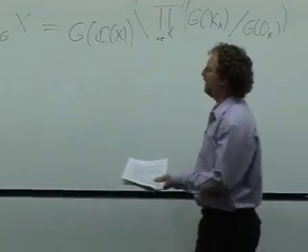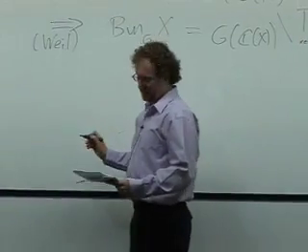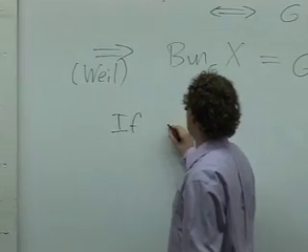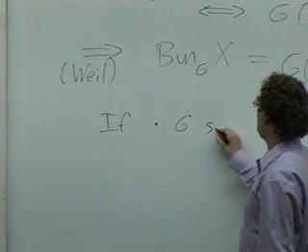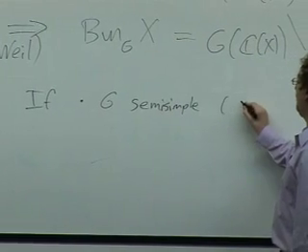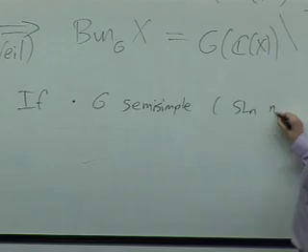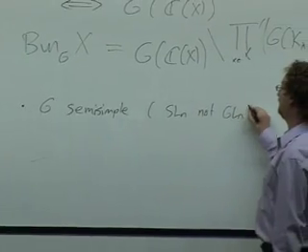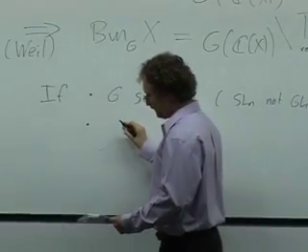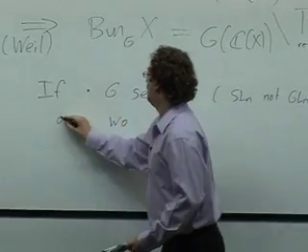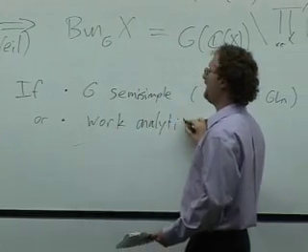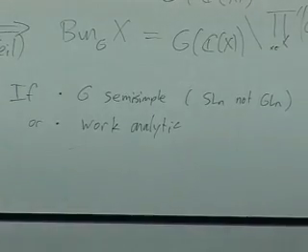Let me point out that this seems very extreme, and indeed it is extreme. If we're in one of the following two settings, if G is semi-simple, so for example we have SL_N but not GL_N, so for example not in the case of rank 1, or if we're working in a complex analytic setting rather than an algebraic setting, this is overkill.